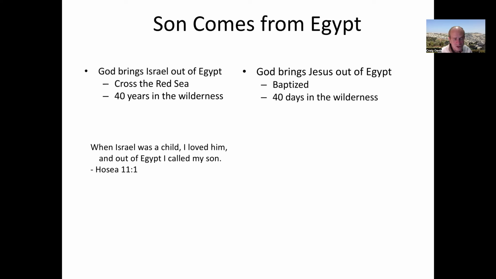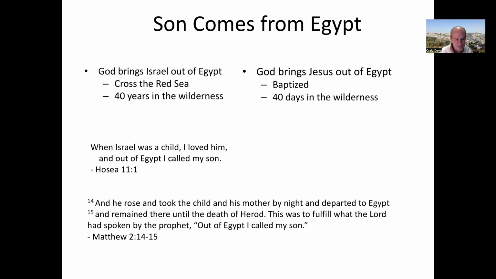"When Israel was a child, I loved him, and out of Egypt I called my son." That's what Hosea writes, and that's God speaking, and it's talking about Israel, right? Well, it is talking about Israel, but then in Matthew 2, Matthew quotes this, and it fulfills what the prophet says, out of Egypt I called my son, pointing also to Jesus.